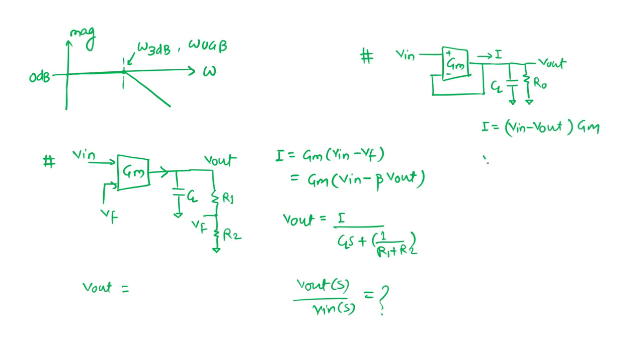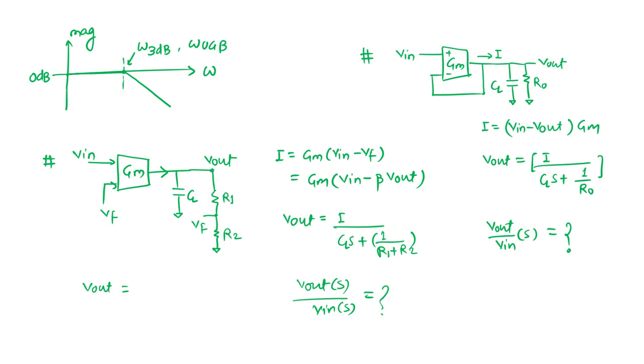This current generates a voltage: I divided by CLS plus 1 upon R naught. We will solve this and get the closed form expression V out by V in.